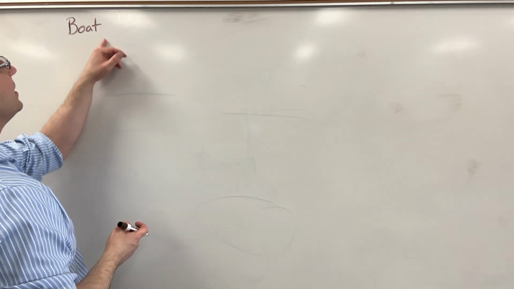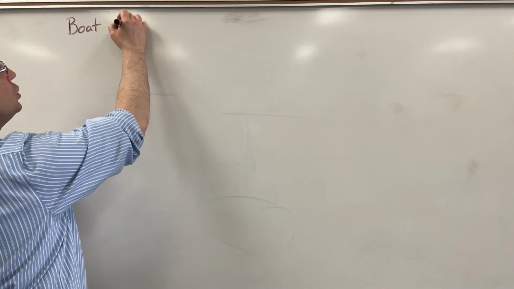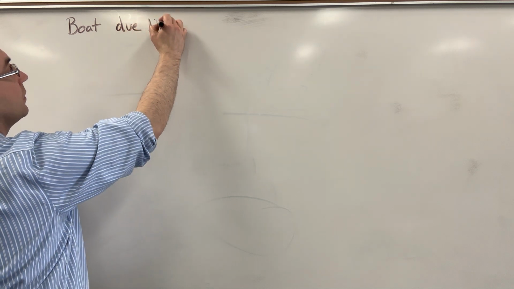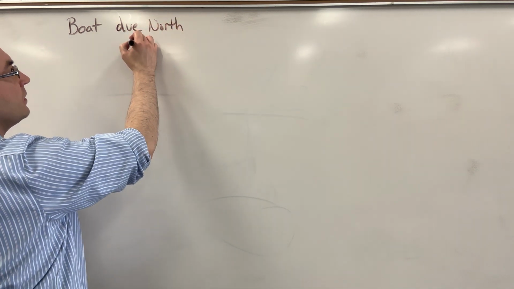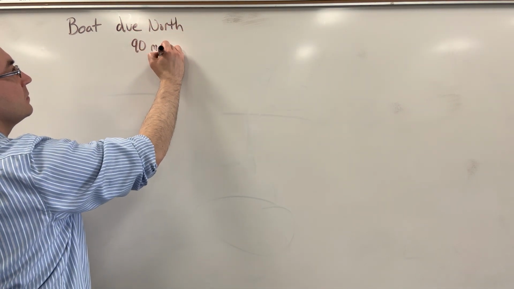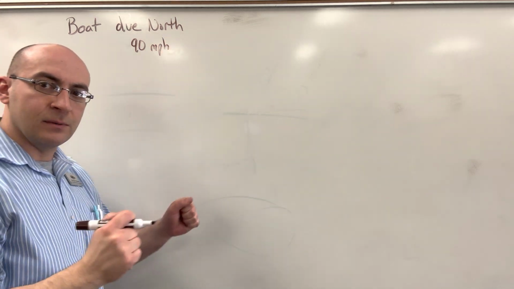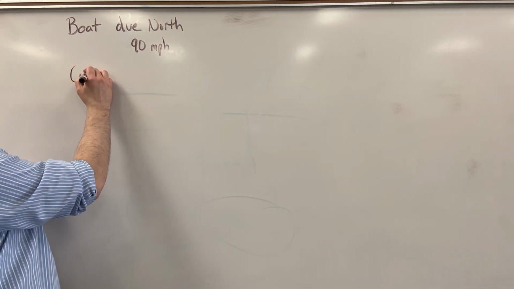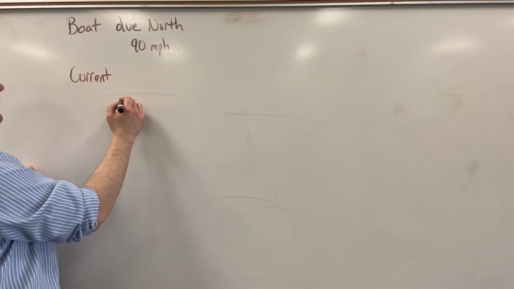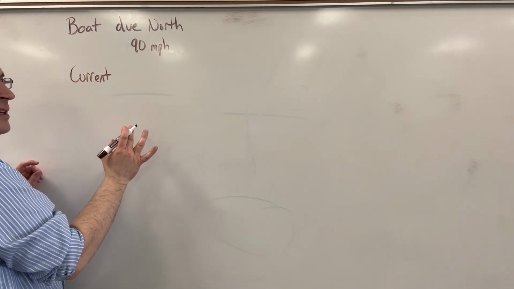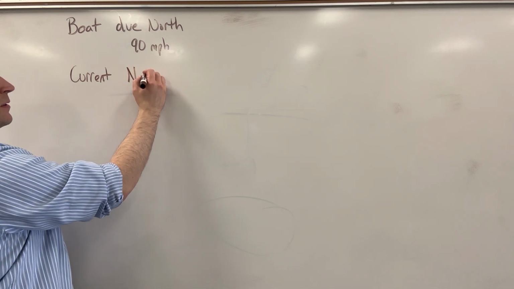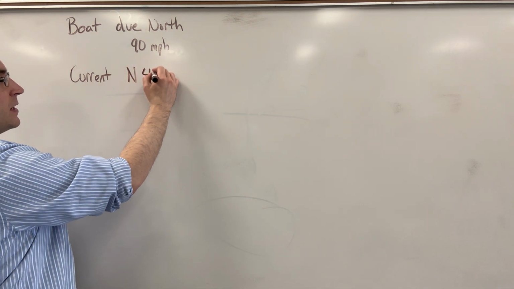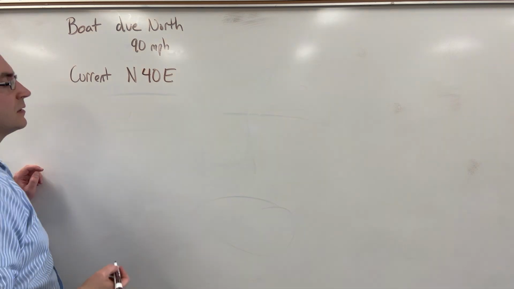Because he's a dog. So let's say the boat is traveling due north, and it's traveling at 90 miles per hour. It's a nice speedboat, right? Speedboat, okay? The current in the water is, let's say, north 40 east, okay?